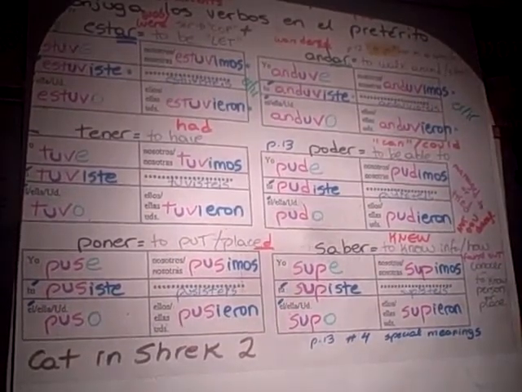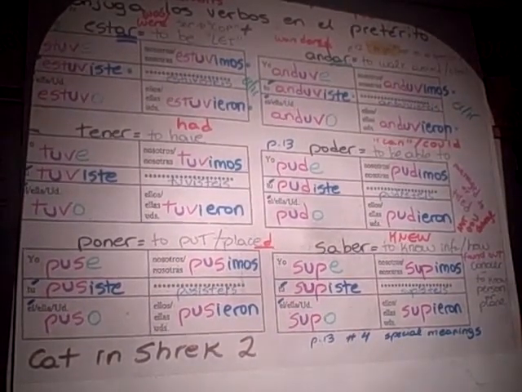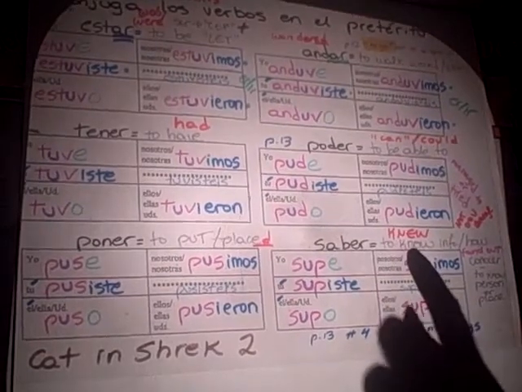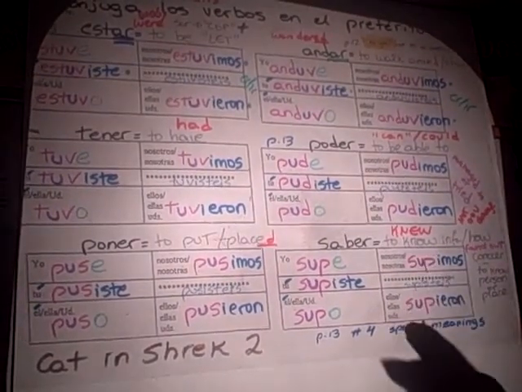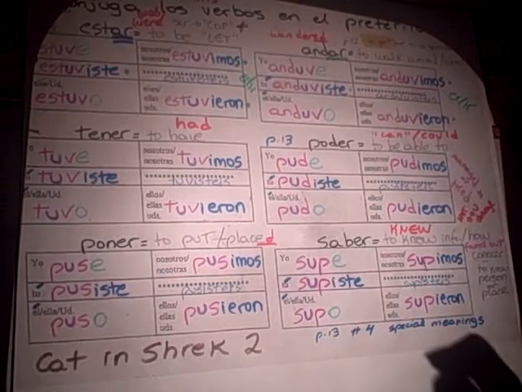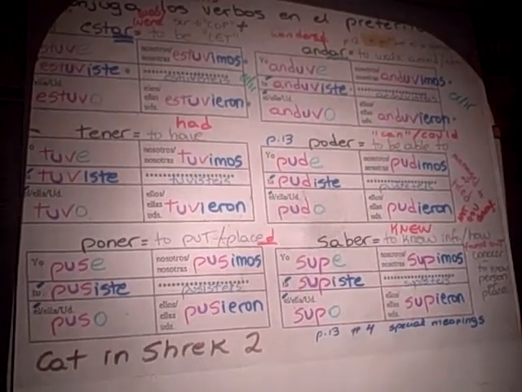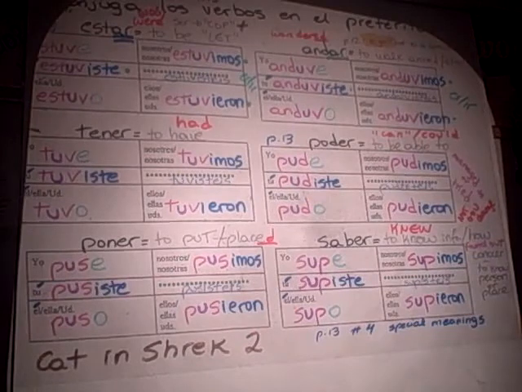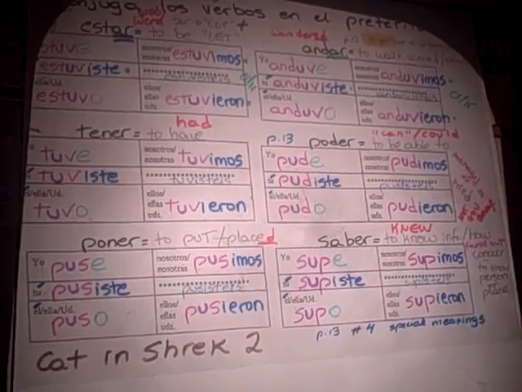But just know that if you know the regular meanings that we did from Spanish 1, you don't need to know the special meanings, which we'll do later. You will, though, obviously be responsible for your conjugations of your verbs. We won't need to know special meanings unless we go to Spanish 3. Right, when you actually do the comparison of preterite versus imperfect.